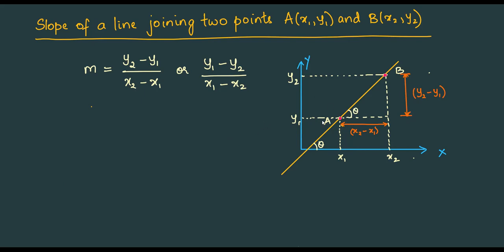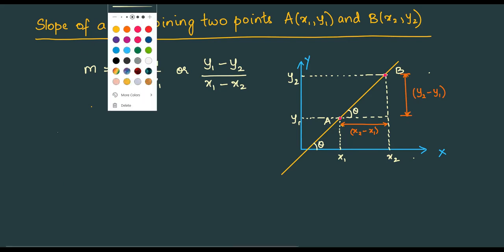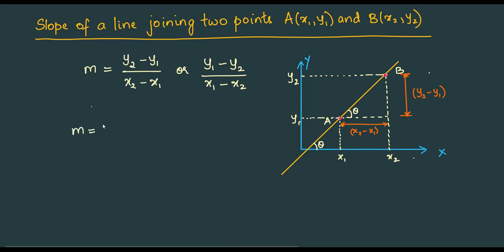So by definition, tan theta, slope, tan of the inclination, is the opposite side in this particular triangle A, B, and maybe we can call this point C. So in this triangle ABC, tan theta is opposite side BC by adjacent side AC.